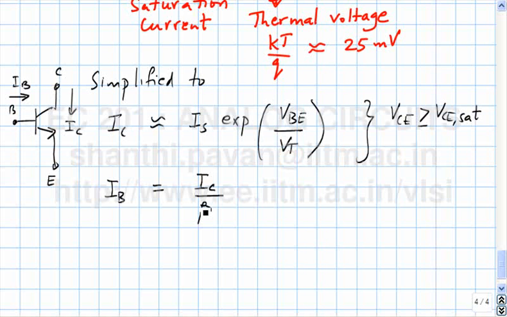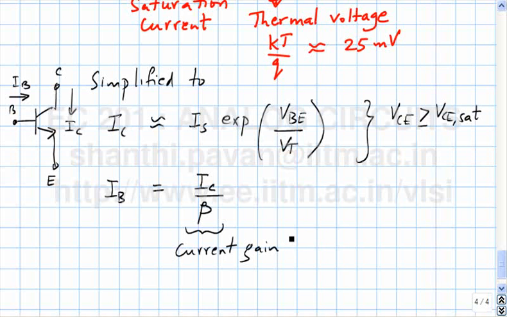But in practice, beta will be 100, 150, 200, sometimes 20, sometimes 10. The base current, which is a new phenomenon now, is the collector current divided by some number beta. So this beta is called the current gain of the transistor.